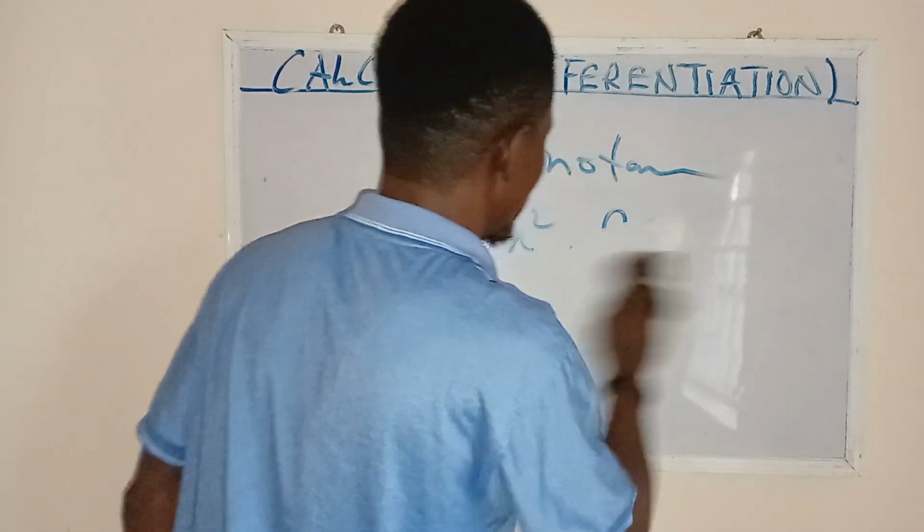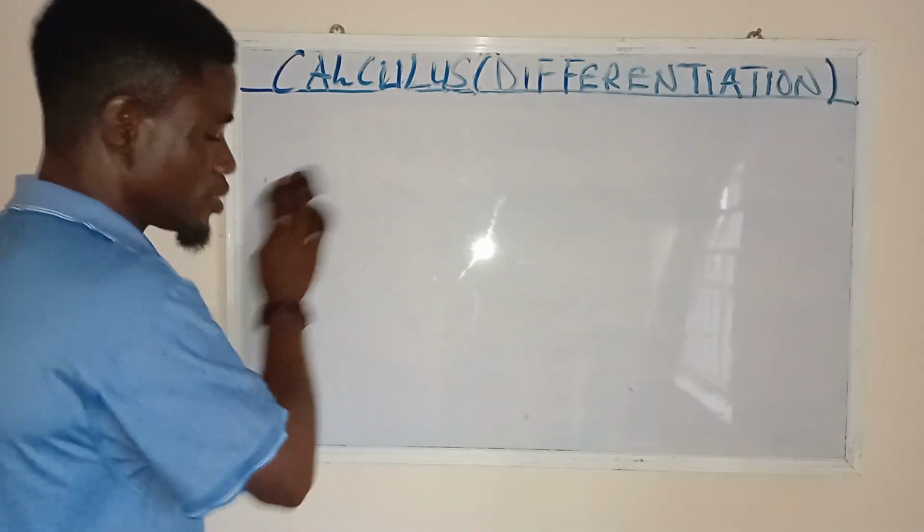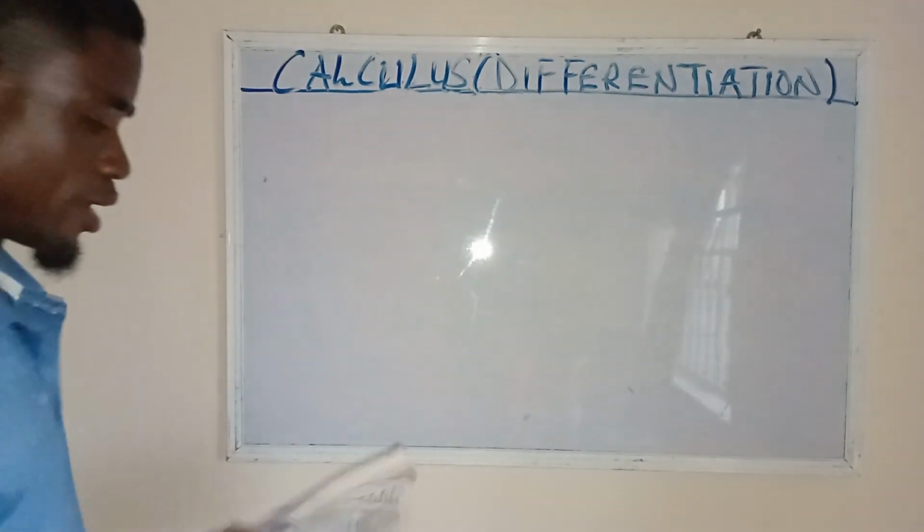How do we differentiate a particular question like this?